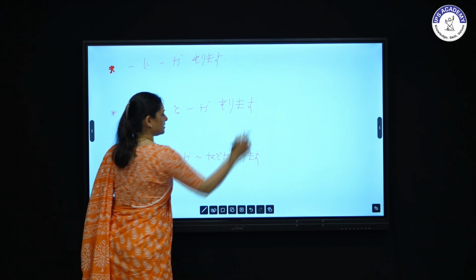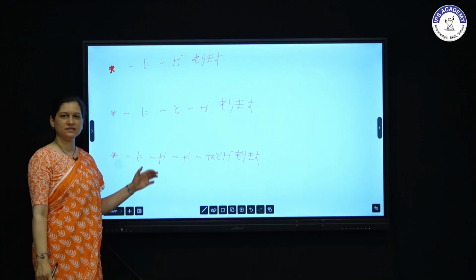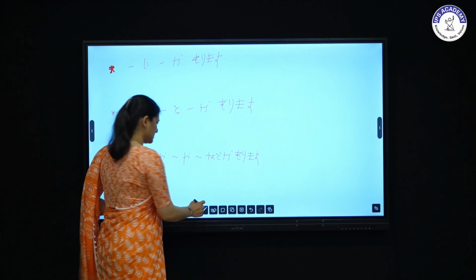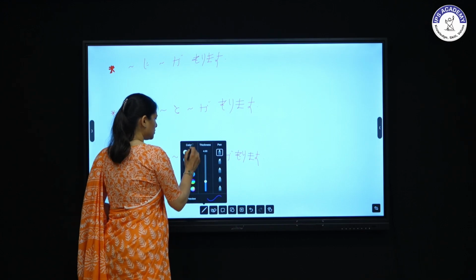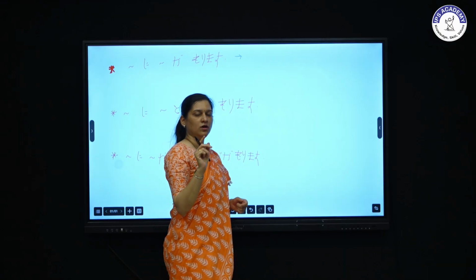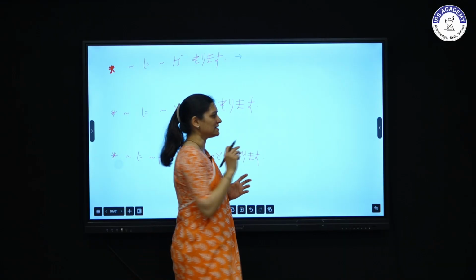Let us now understand what is the difference between these 3 patterns. Ni ga arimasu. This pattern is used whenever we include just one noun, one object in a sentence.